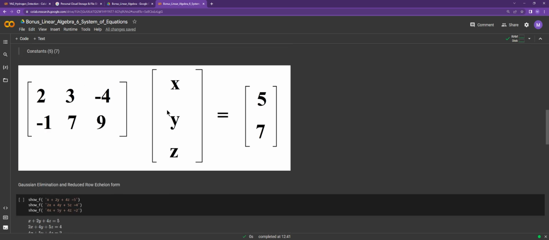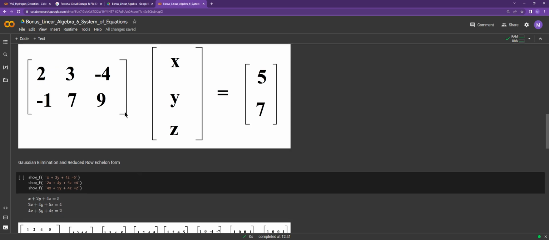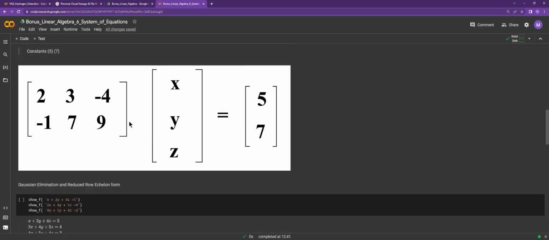Now, if you were to do this by hand, you would be using the reduced row echelon procedure. Obviously, we are focusing on Python, so we are not going to be doing anything by hand here. But I highly recommend that you go and learn this if you don't know it already. You need to know what Gaussian elimination and reduced row echelon form are.